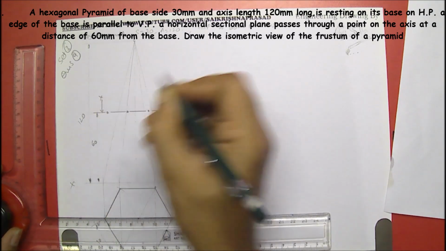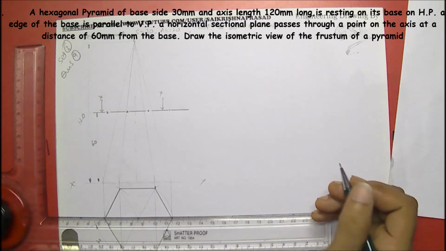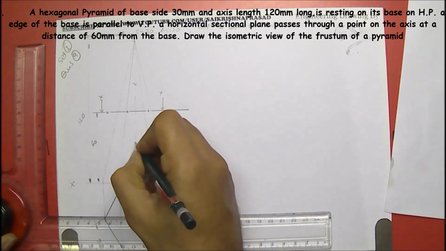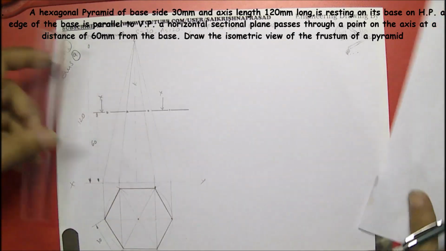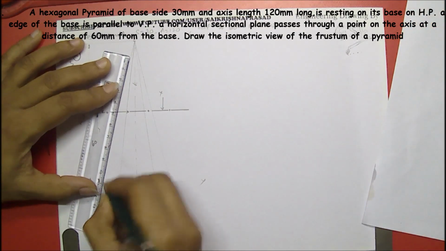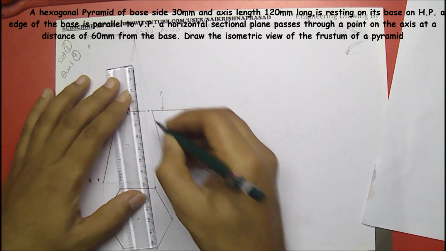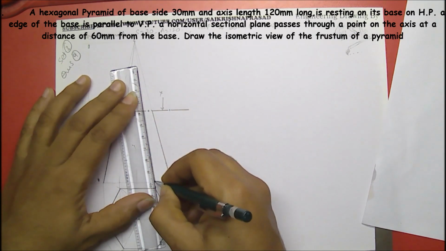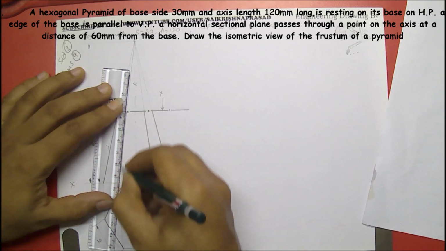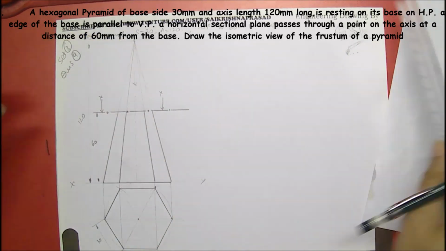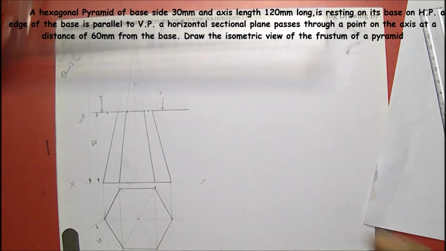This arrow mark indicates that this portion is removed and this portion is remained. So this portion would be light and this portion would be dark. So now I can darken this line. I have to project this top portion also here.